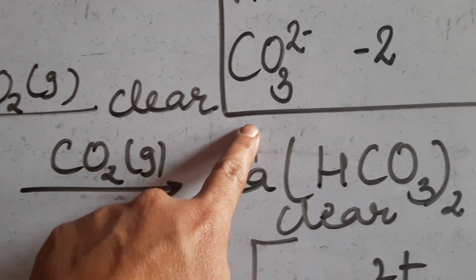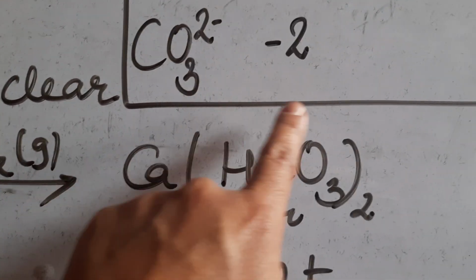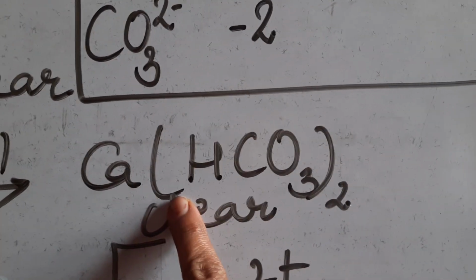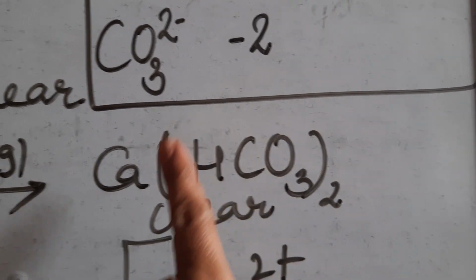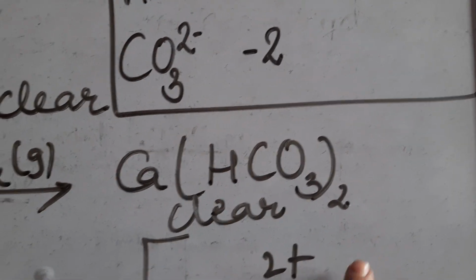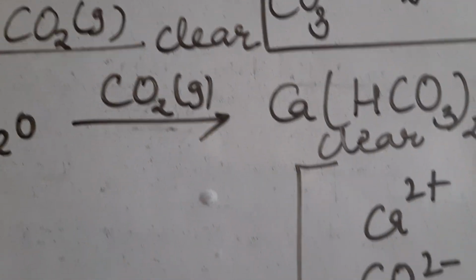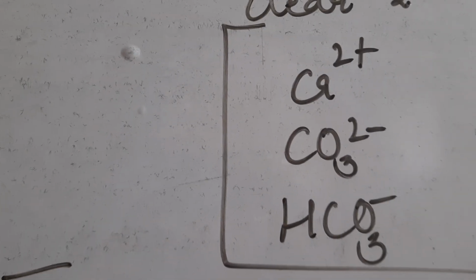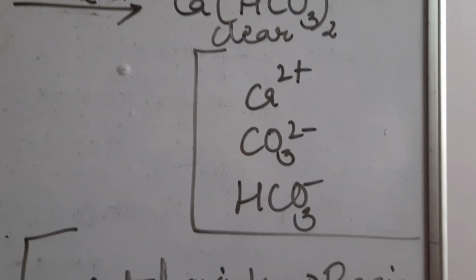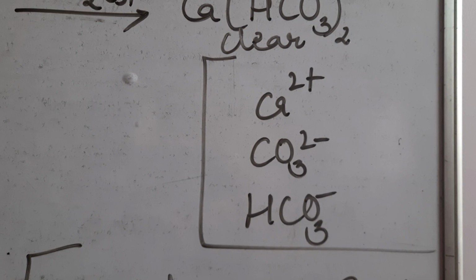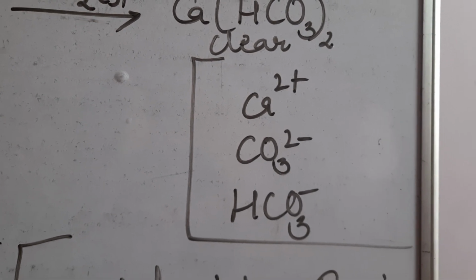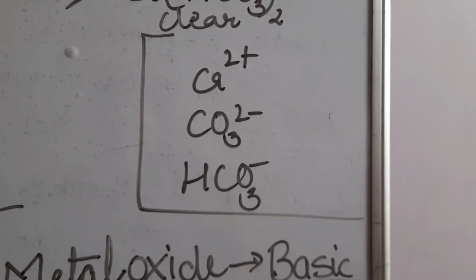Here calcium has 2 valency, but HCO3, that is the bicarbonate ion, has 1 valency, so that is called calcium bicarbonate. These valencies are written here, please check: calcium 2, carbonate 2 and bicarbonate 1.